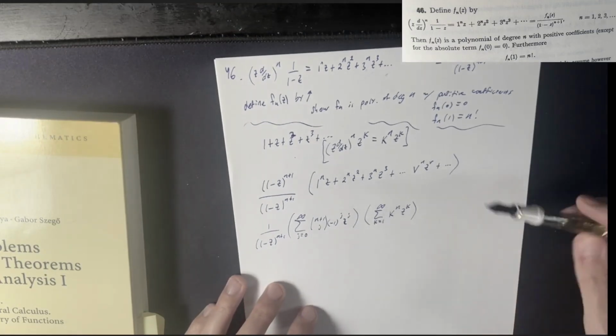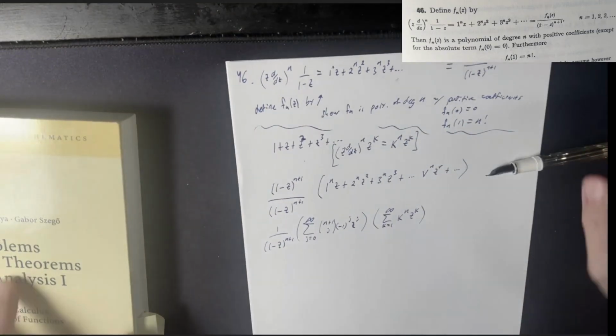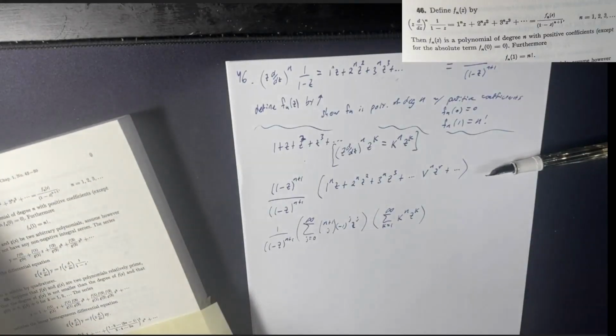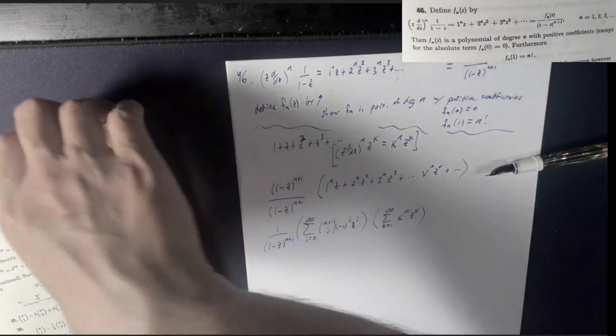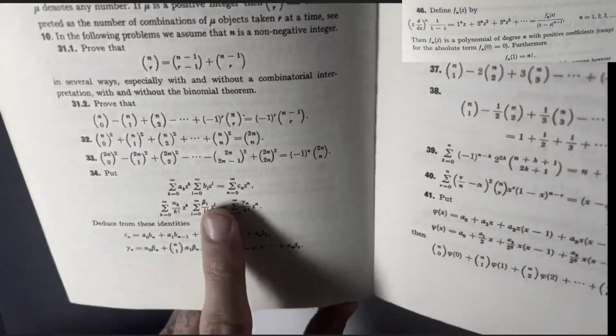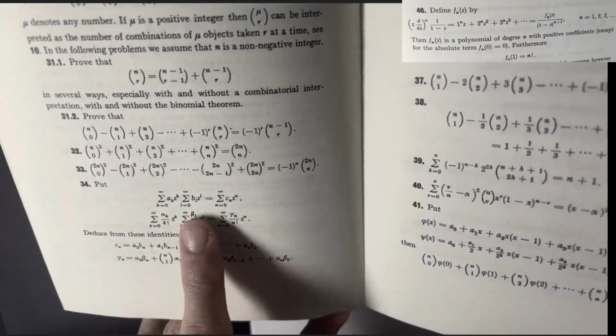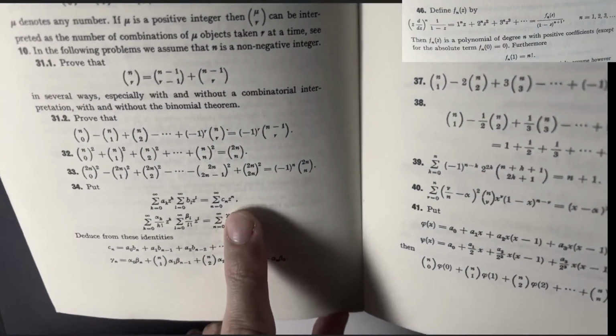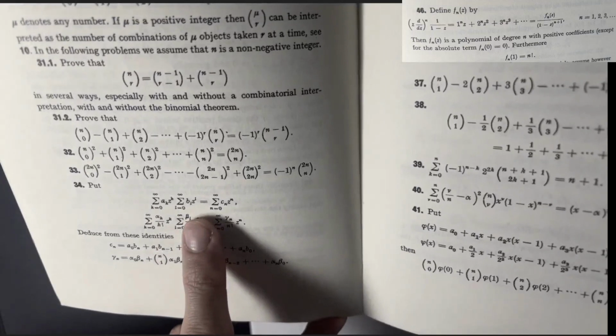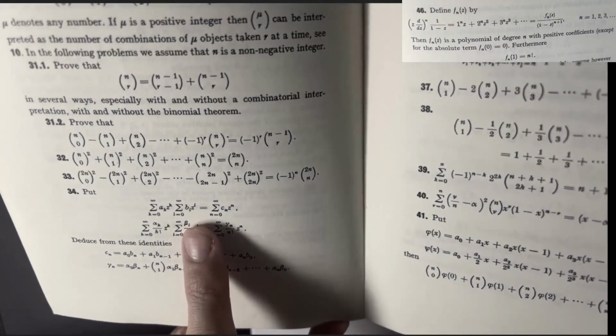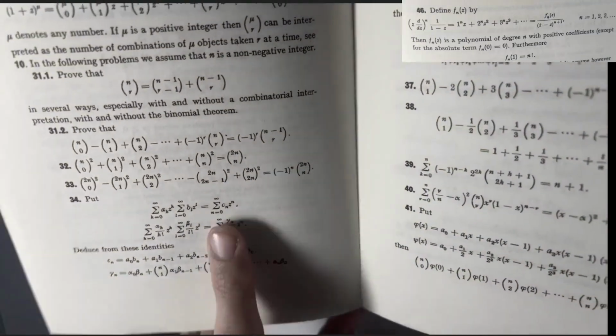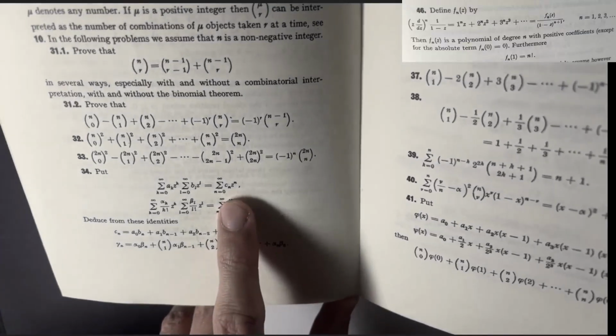So I noticed that right away. The other thing is just a reminder, these guys don't have factorials in the bottom. So from a couple days ago, if you have a product of two power series, their product is a power series.